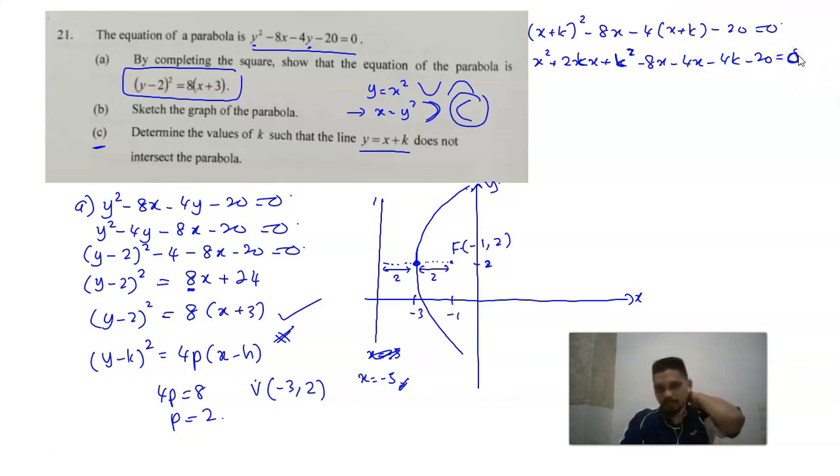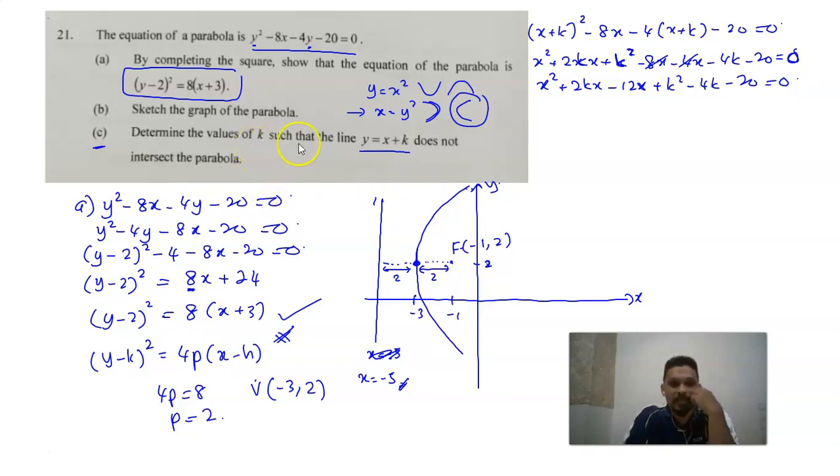Okay, so look at this one here now. There's only one x squared here, and x to the power of 1 terms. So x squared plus 2kx minus 8x minus 4x, that is minus 12x, then k squared minus 4k minus 20 equal to 0.